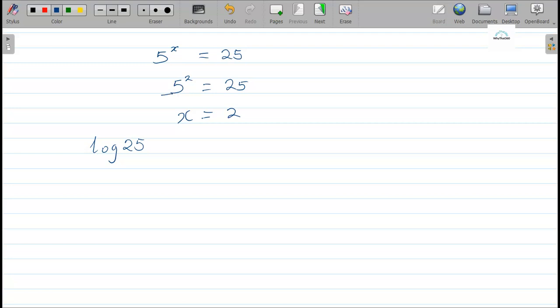This 5 here is called the base, right? What of this 2 here? What's the name given to the 2? Exponent, or it's called exponent, or some people call it the index, or some people call it the power. Okay, and then this here will be the answer or the number.